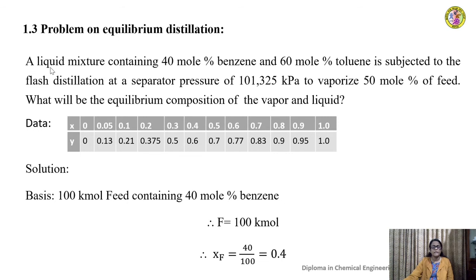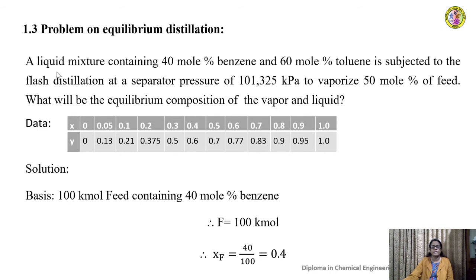It is given that a liquid mixture containing 40 mole percent benzene and 60 mole percent toluene is subjected to flash distillation at a separator pressure of 101.325 kilopascals to vaporize 50 mole percent of feed. What will be the equilibrium composition of the vapor and liquid?